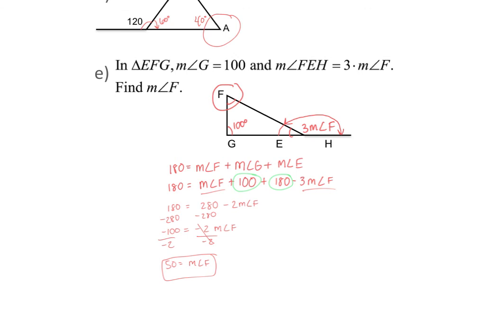So initially I saw a triangle. So automatically I'm going to write 180 equals all of the angles of that triangle added together. So F plus G plus E, okay? And then I use the other information that these two angles must add up to 180 degrees. Use what you've got, just start writing down equations and see if you can figure it out on your own, okay?